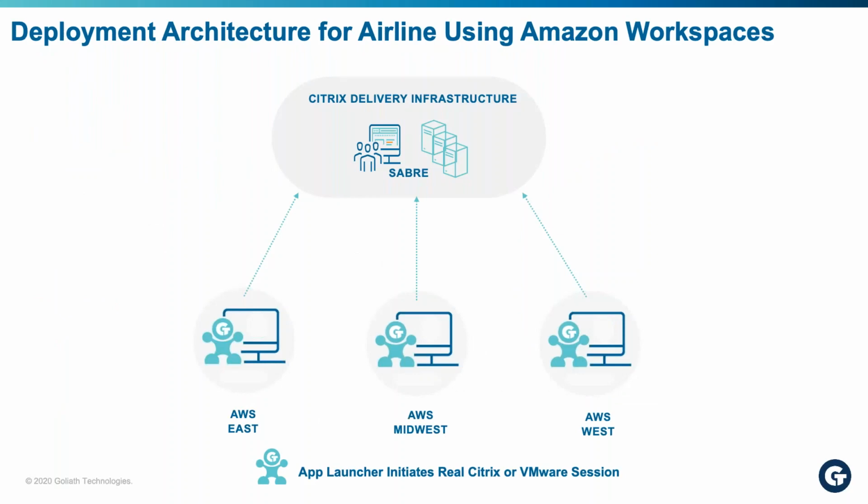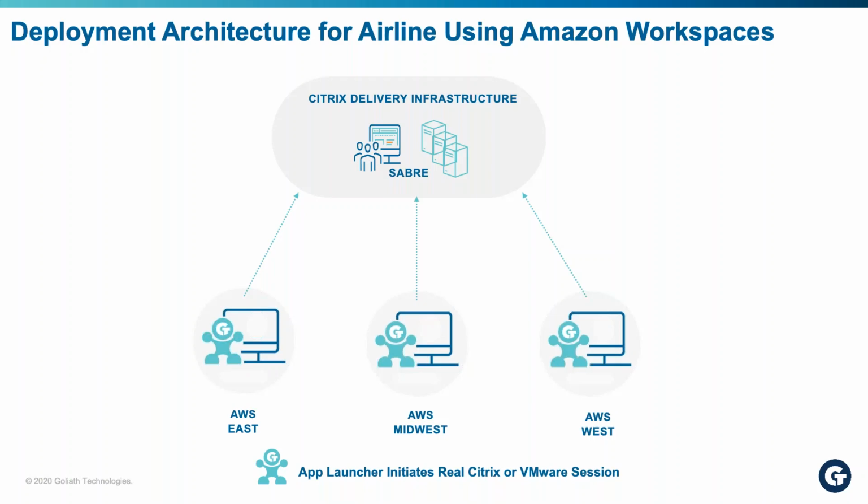Absolutely. Yeah, so before we go into the technology, I think it's important to set the stage a little bit and expand on what Stacy just explained. So if we look on the slide here, this is the actual customer deployment diagram for this technology. And you can see that at the bottom of the screen, you have these application launchers that are deployed in different regions in AWS.